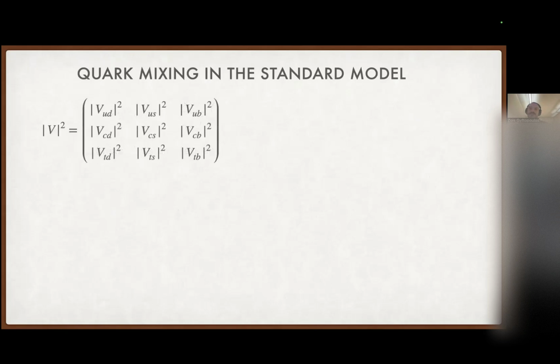So now I would like to show you how this CKM matrix looks to an experimentalist. And I think the most useful way to see this is by taking a matrix with the squares of the CKM matrix elements.